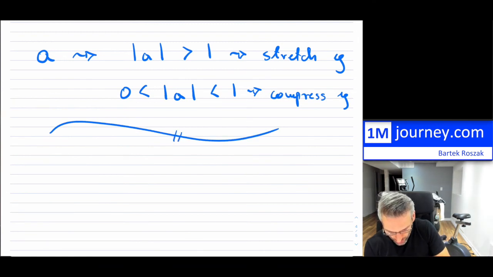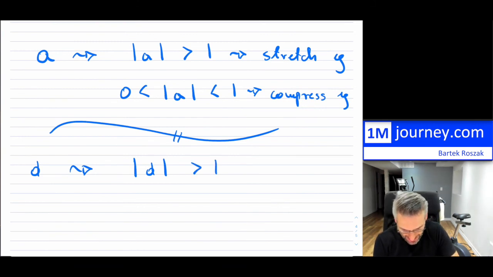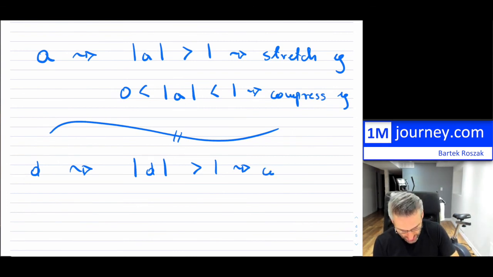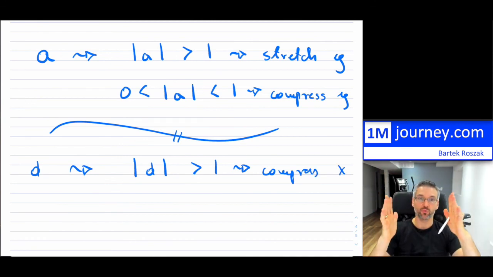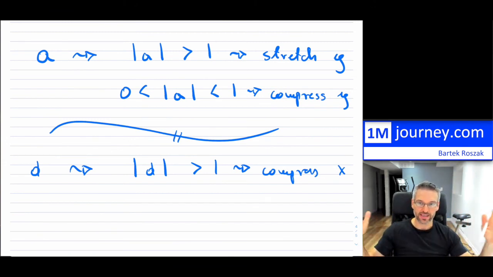Now, the other one, your d in terms of the compressions, is actually the opposite. So when you have this d in your x, this compresses it in the x. So that means it compresses it in this direction, which looks like it's stretching in the y, but it's compressing it in the x.